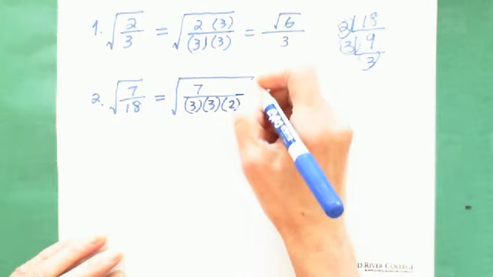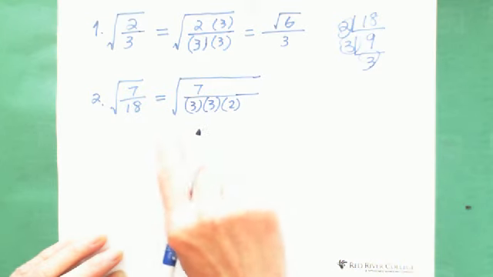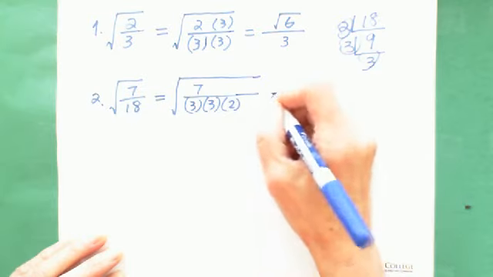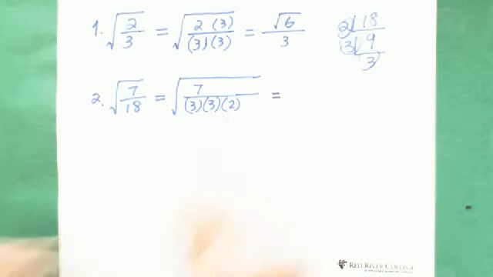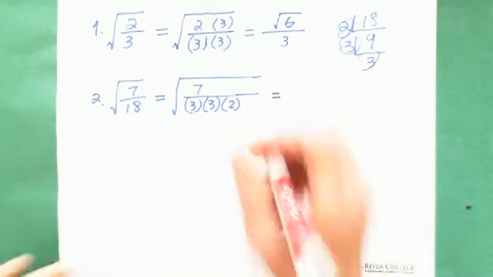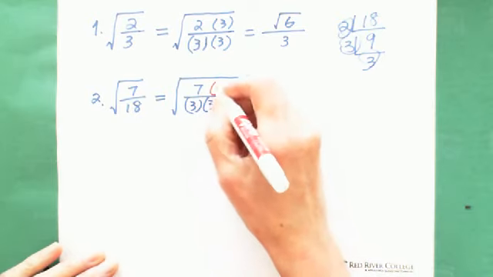Now we have a pair of 3. Obviously we can move it outside the radical to become 3 on the bottom, because it's a square root. But now we have another 2, so we still need to find another 2 to make a pair. That's why we multiply 2 to the bottom and 2 to the top.